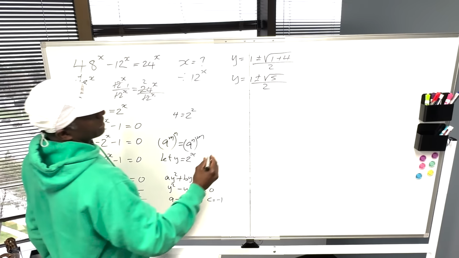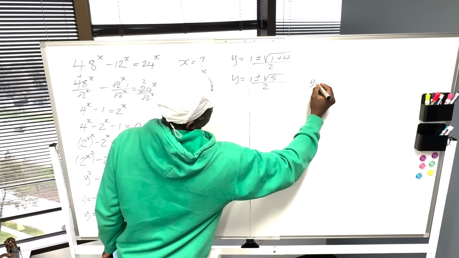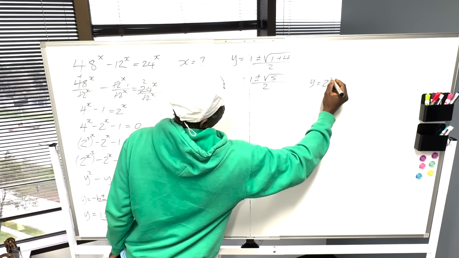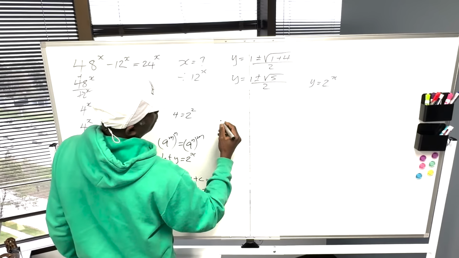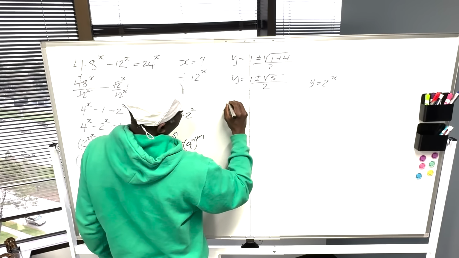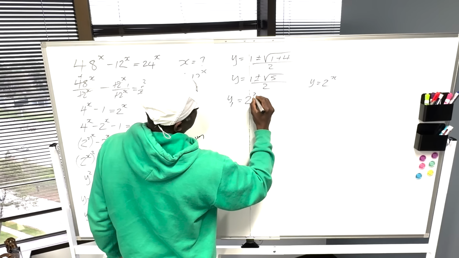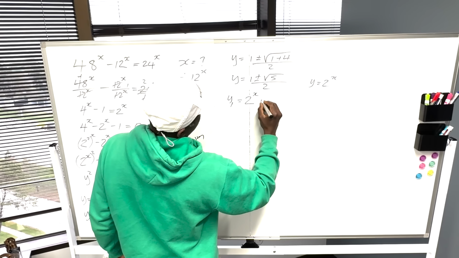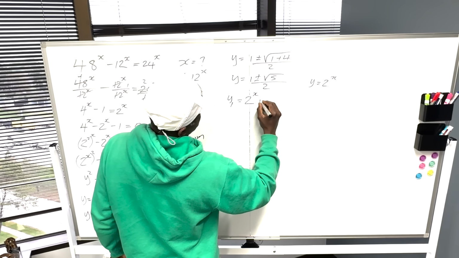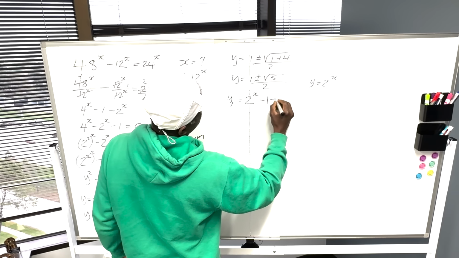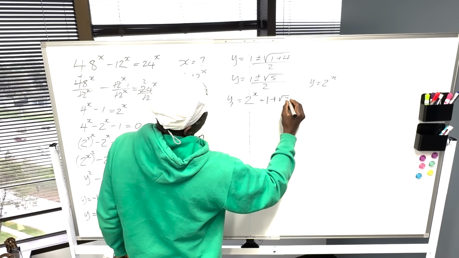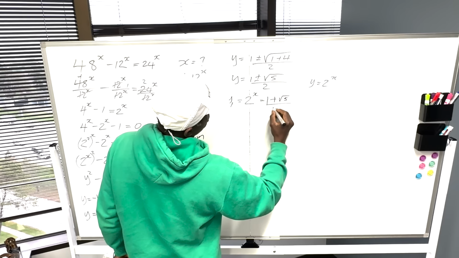Let's recall that y is equal to 2 to the x. Therefore, we have 2 terms. We have y1, which is 2 to the x, equal to 1 plus square root of 5 over 2.